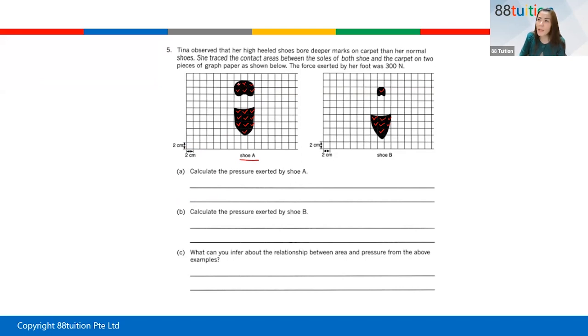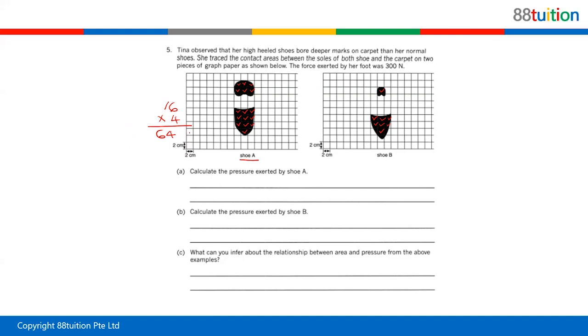So, let's see how many I have ticked. 1, 2, 3, 4, 5, 6, 7, 8, 9, 10, 11, 12, 13, 14, 15, 16. So I have 16 ticked squares over here. So the area of one tiny square, Kiran, how much is this? What is the area of this? 4 cm squared. Good, 4 cm squared. If I multiply these by 4, 64. Very good. You can calculate like this.